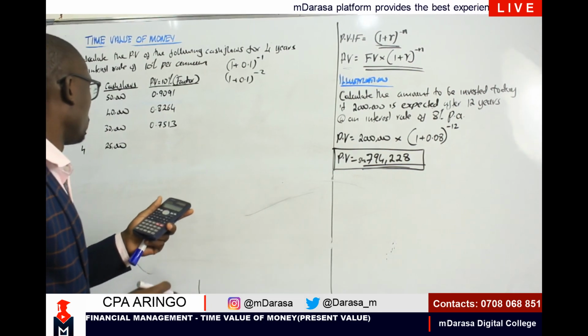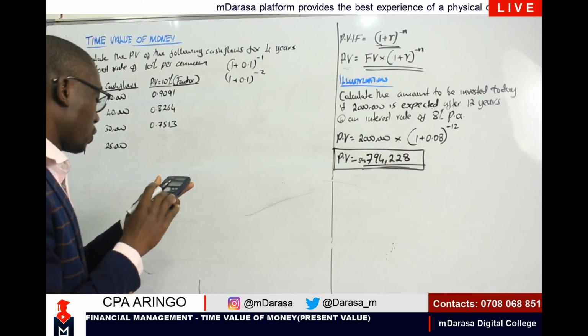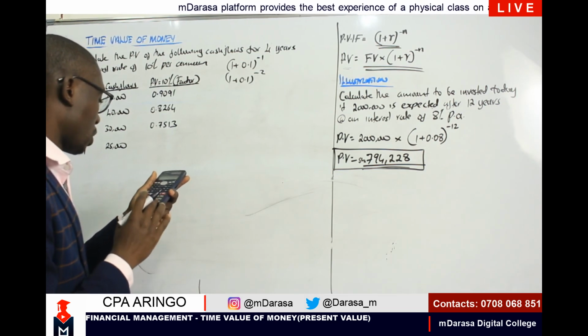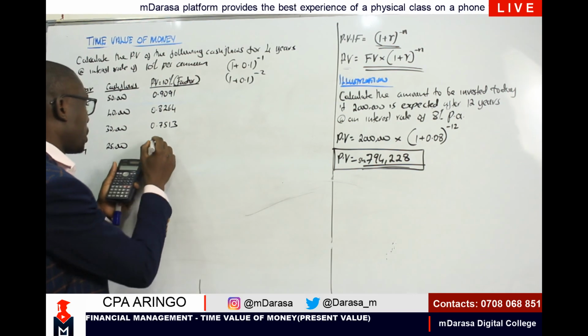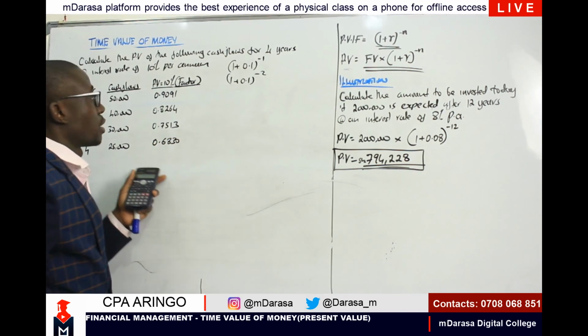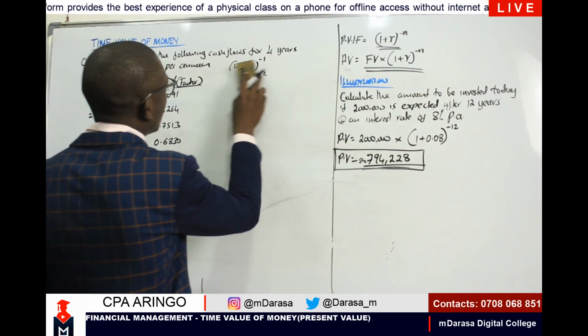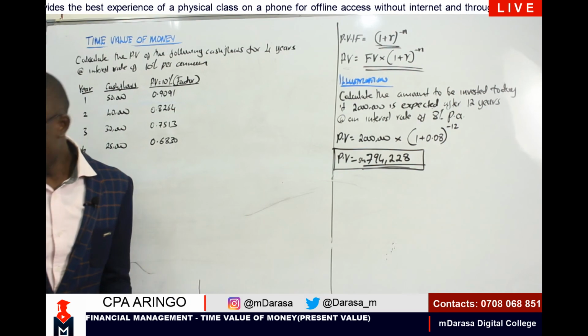The last one, you should be talking of 1.1 raised to power negative 4. So that should give us a figure of 0.6830, correct? So after we do have that, my good student, what will we be having as our discounts?